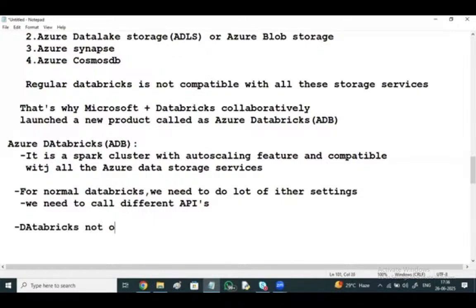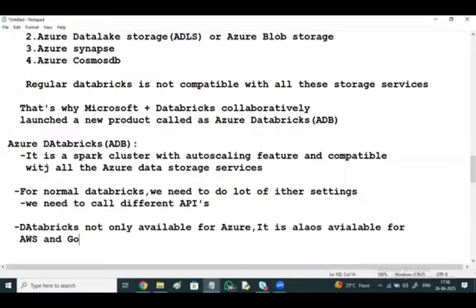The Databricks is not only available for Azure, it is also available for AWS and Google.